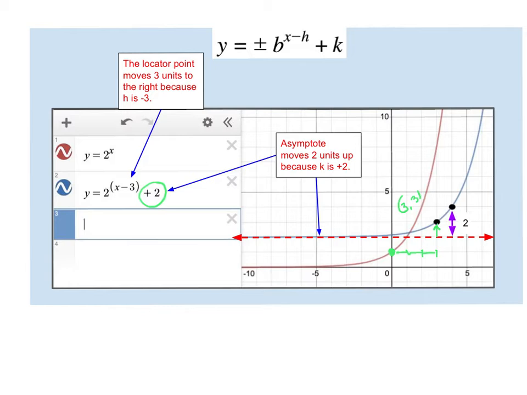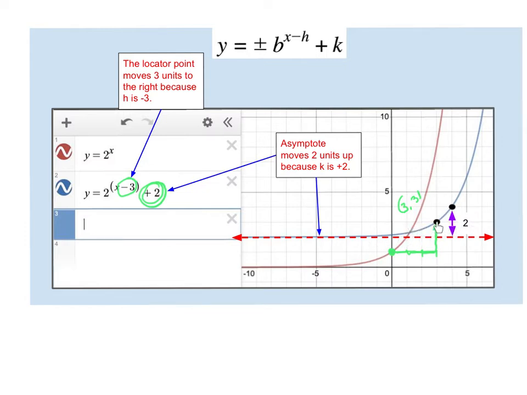Another way of looking at that is notice that from the original locator point, it's over 3 and up 2. That's another way of locating the new point. However, you won't always have the original graph there. Notice that the locator point is 1 unit above the asymptote, so I just look and see where the graph crosses the line 1 unit above.